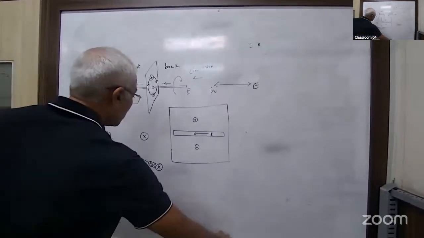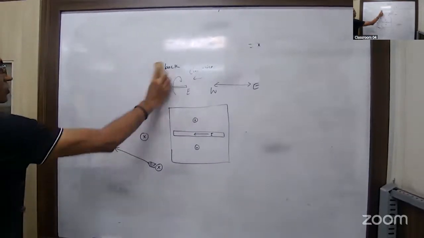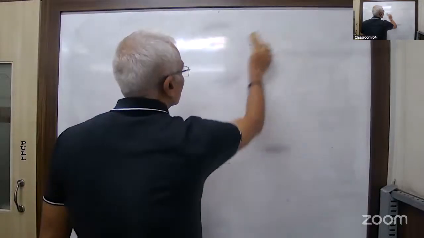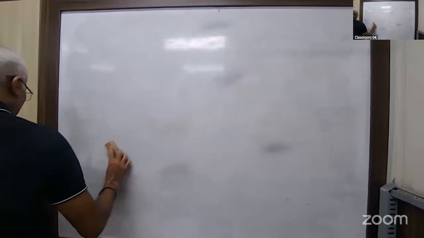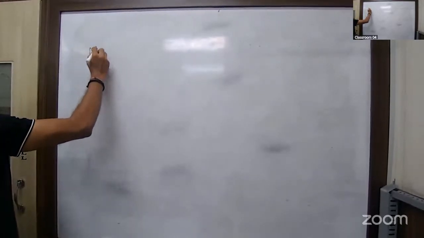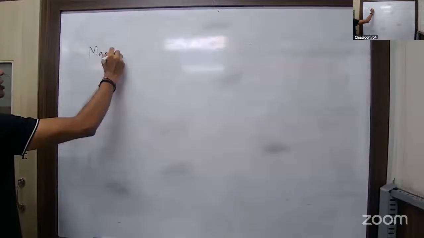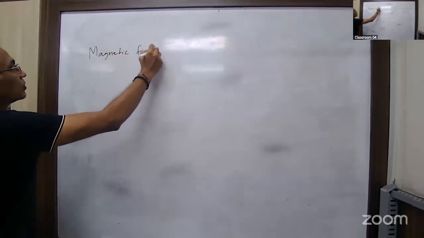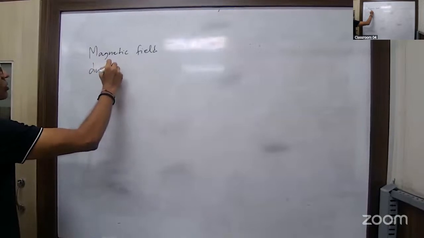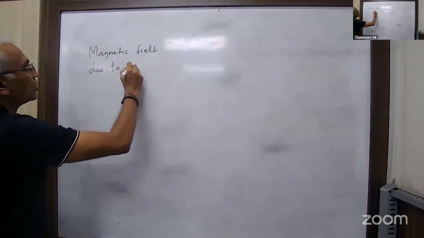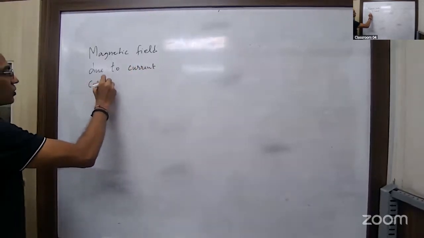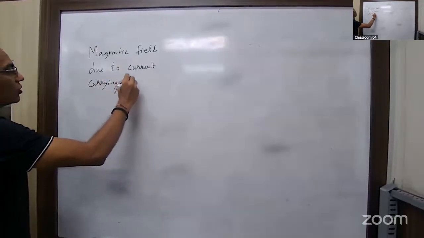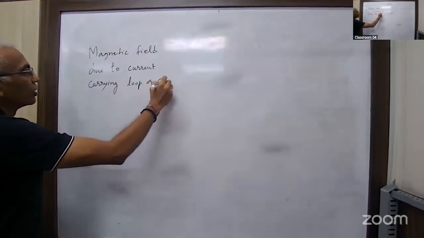Keep that page. We will need it. Next is magnetic field due to a current carrying loop or coil.